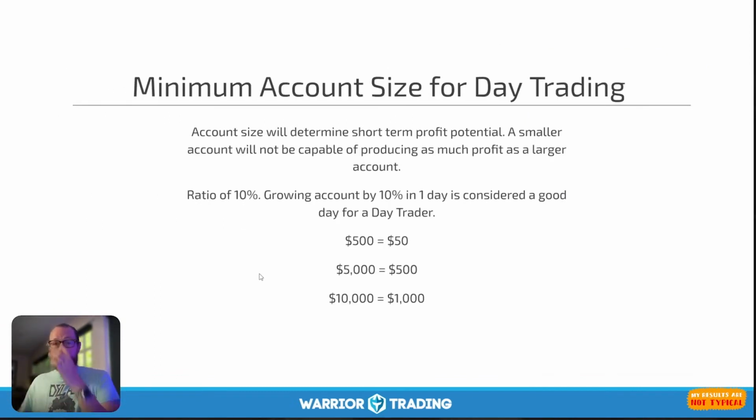So the minimum account size for trading: you could trade with a tiny account. It doesn't really matter. I've traded with an account as small as $583. You could trade with a $5,000 account, $10,000 account, but the ratio is 10%. So I'm thinking about a good day as growing my account 10%. Now, if I've got $400,000, $500,000, $700,000 or something in my account, I'm no longer really thinking about it in those terms, because that's kind of being a little too aggressive.